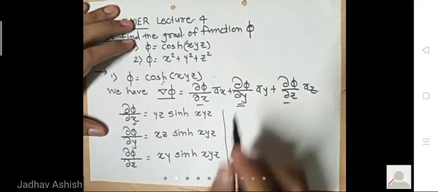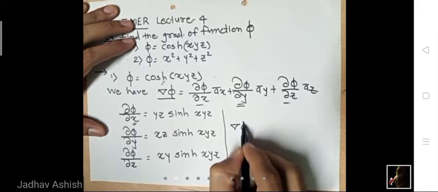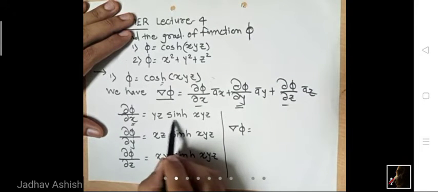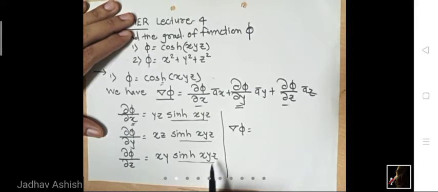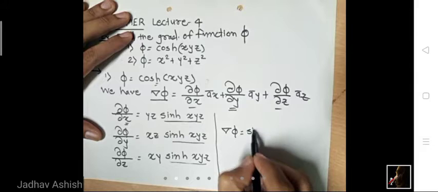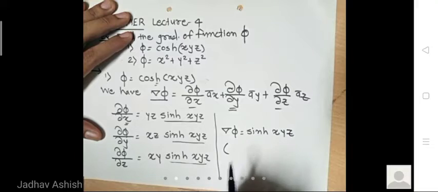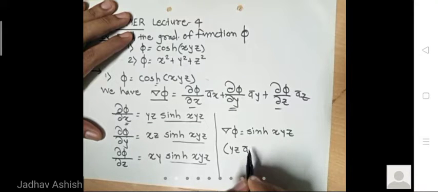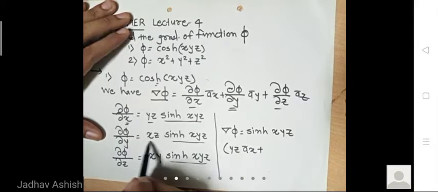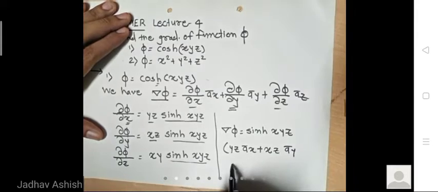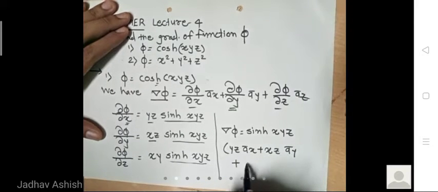So finally I can write here del phi is equal to, sinh xyz is the common term in all, so I can take it common, sinh xyz into bracket yz a bar x plus xz a bar y plus xy a bar z.